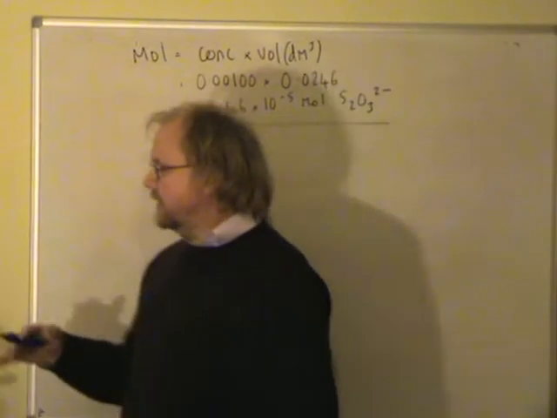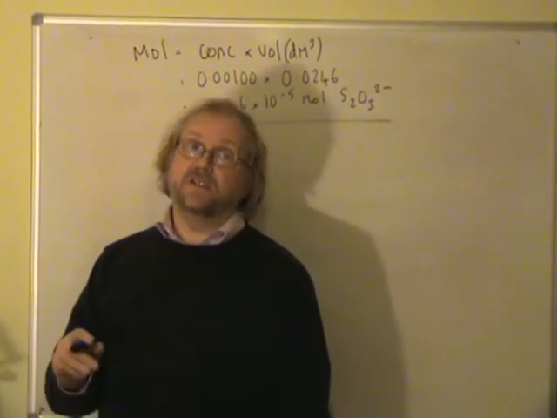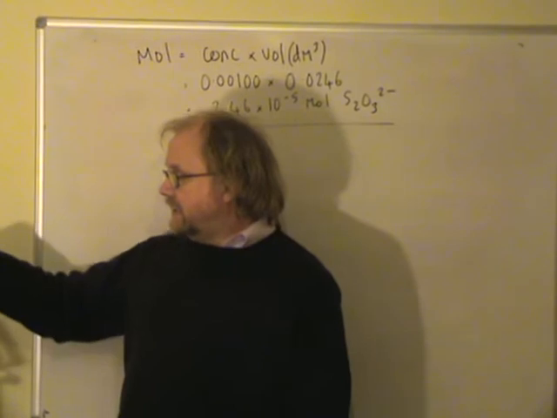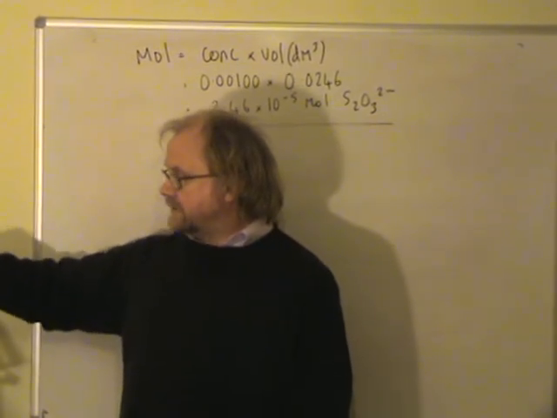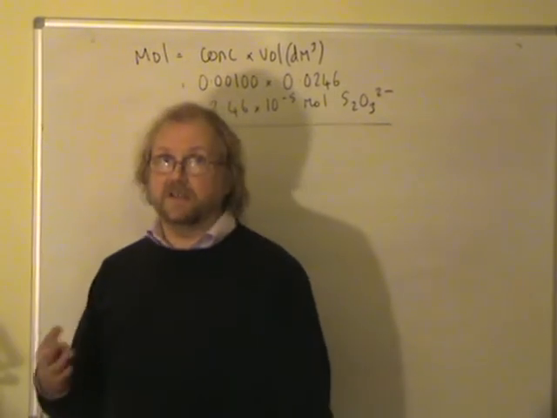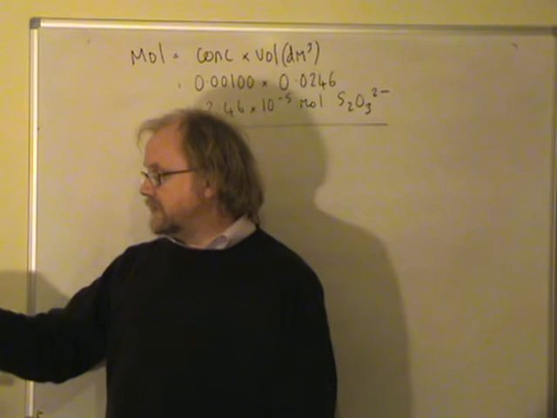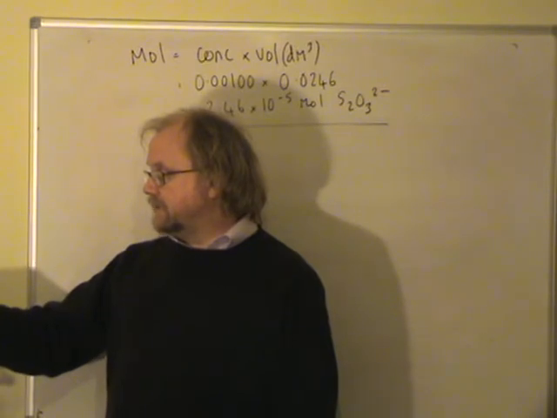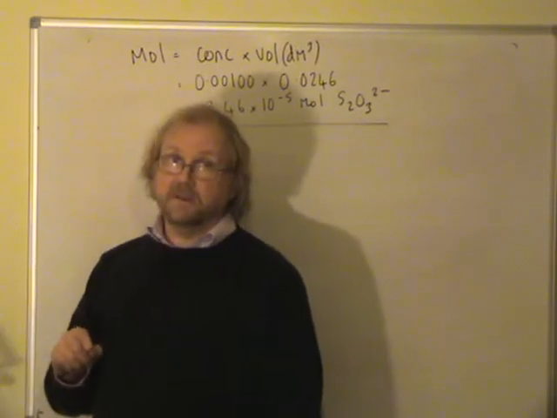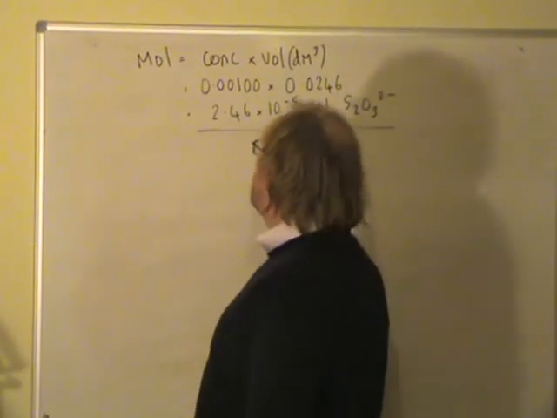Now we've got to start working back to relate that ultimately to the moles of oxygen, which is what we're interested in. And you can see that that's several reactions away, because there were a series of 3 reactions occurring one after another. So we work back 1 step at a time. And the first thing we can do is relate the moles of thiosulfate to the moles of iodine, which is the third of those equations.